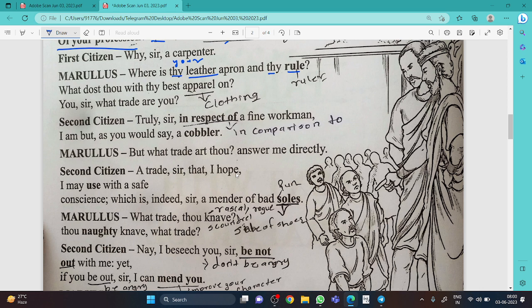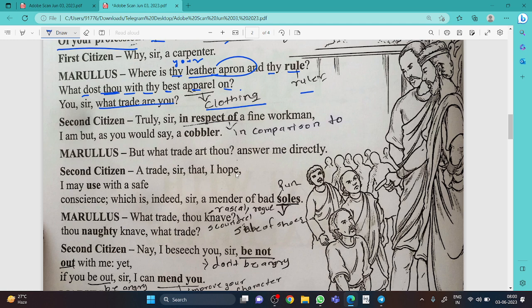That's why Marulus is saying, where is your leather apron? Apron means cloth, and where is your ruler? Anyway, what dost thou with your best apparel on? Means clothing on. You, sir, what trade are you?